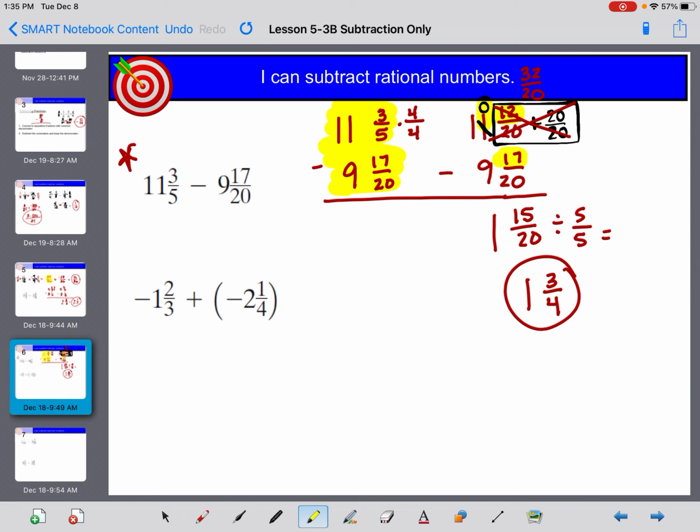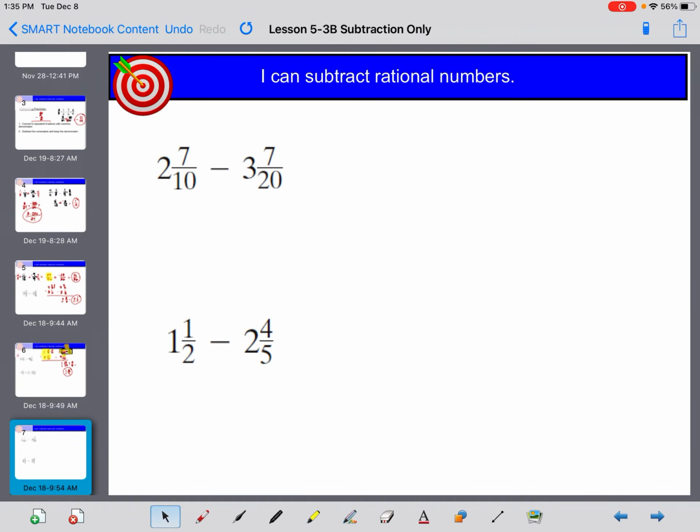So I had to borrow from the 1, and that became a 0. The 1 I borrowed, I renamed over here. I can call any number over itself 1. So I used 20 twentieths, and I added it to 12 twentieths. That's how I got 32 twentieths. 32 twentieths minus 17 twentieths gave me 15 twentieths, and then I took 10 minus 9 and I got 1 3/4.